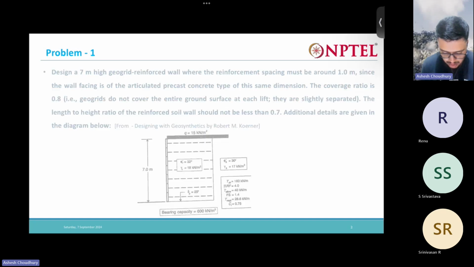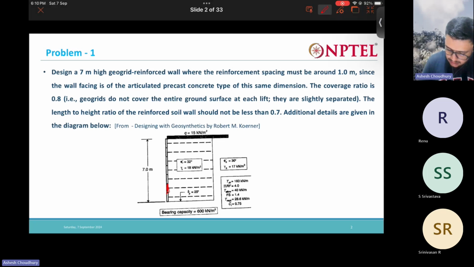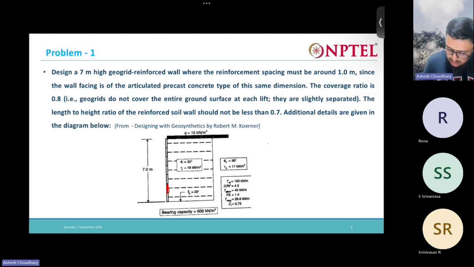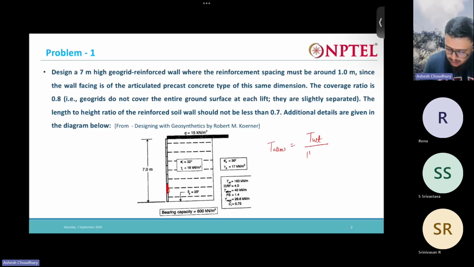First, what is T allow? It is T ultimate divided by the cumulative reduction factor, which is 160 by 4, and we get 40 kilonewton per meter.